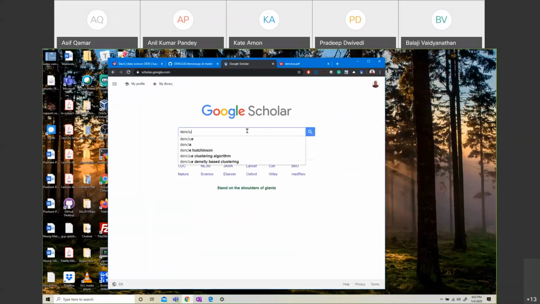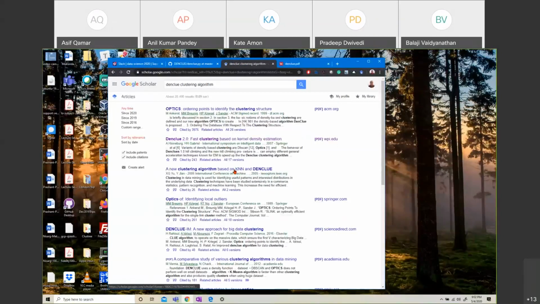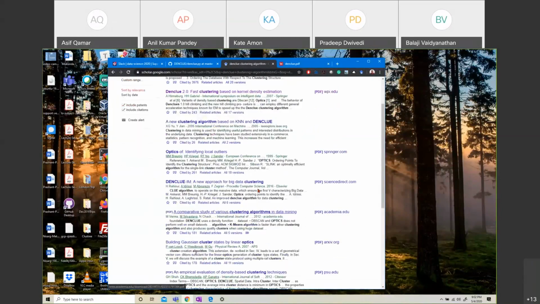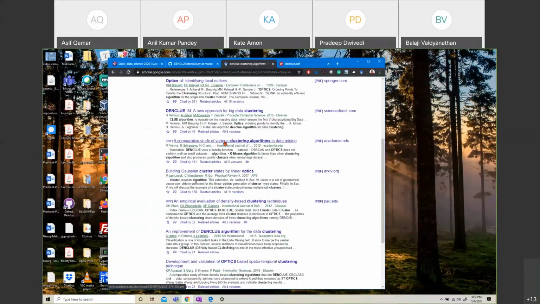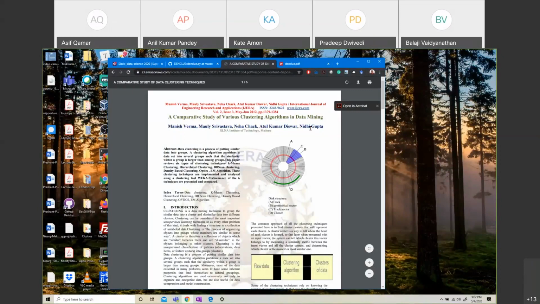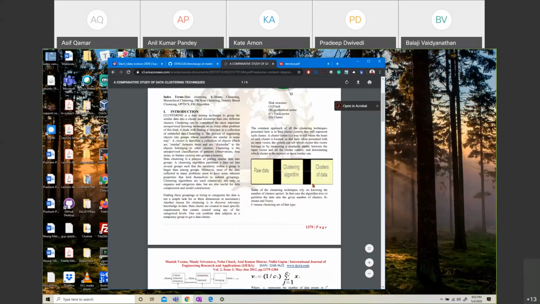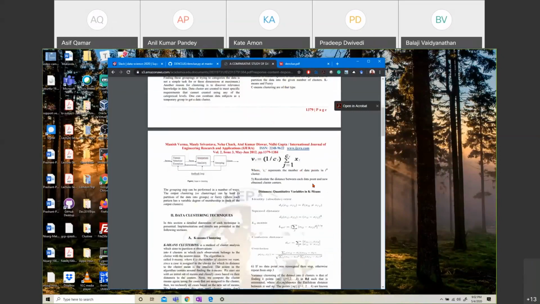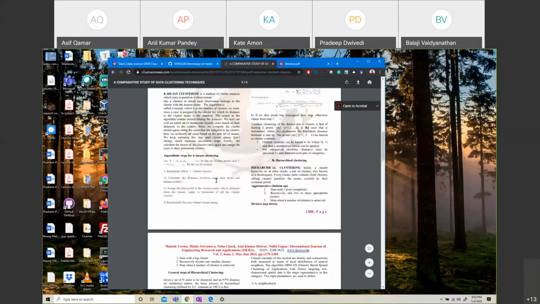Then a clustering algorithm, a new clustering based on KNN optics. Okay. A DENCLUE IM, a new app. Yeah. So usually these things should be good. A comparative study of various clustering algorithms, because it explains DENCLUE, it will hopefully do it in a simpler way.